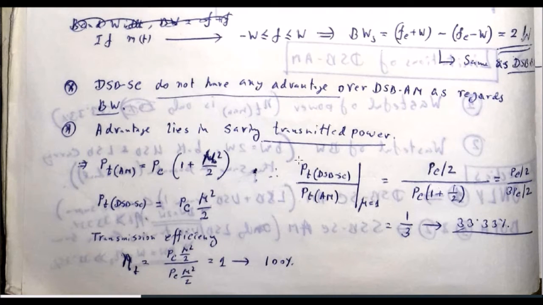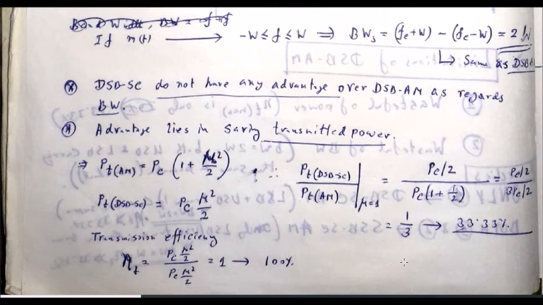But now if you want to compare the transmitting power between the DSBSC and ordinary AM, you have to compare it for certain values of mu. Okay, suppose mu is taken as 100% modulation. Put here in the numerator the term corresponding to PT DSBSC, and in the denominator the term corresponding to PT AM, and by putting mu equal to 1, you will have the ratio 1 by 3, that means 33.33%.